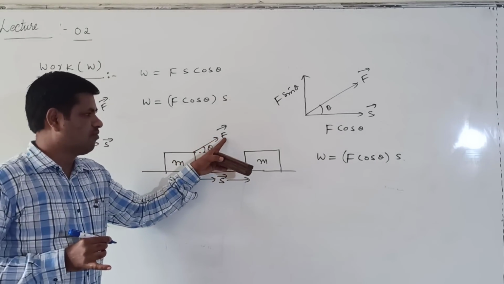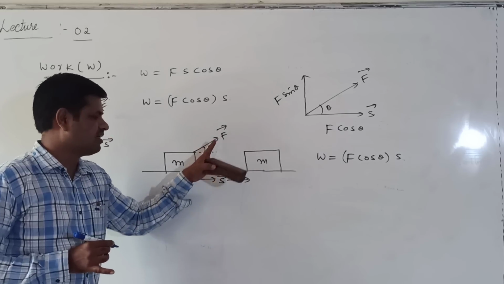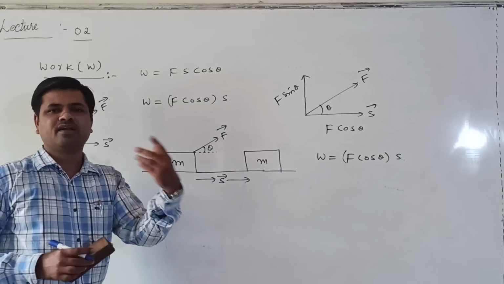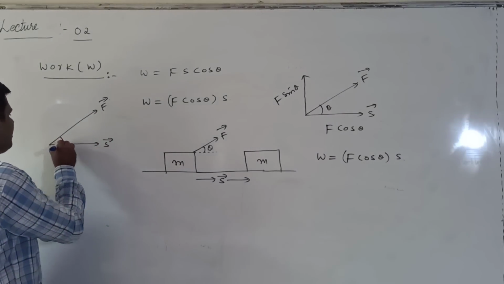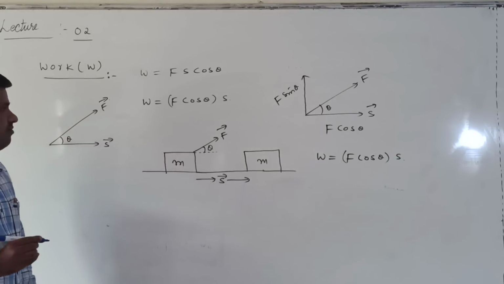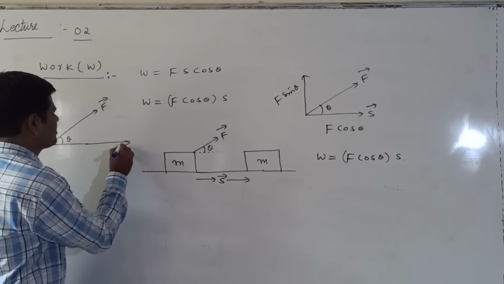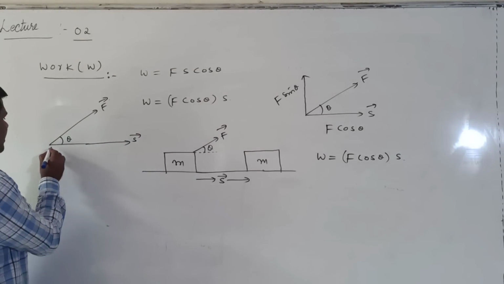This force makes an angle theta with horizontal, which means it makes an angle theta with S bar, because S bar is in the horizontal direction. Now, we know theta is already considered. Now I am extending like this. We can extend it in any direction.